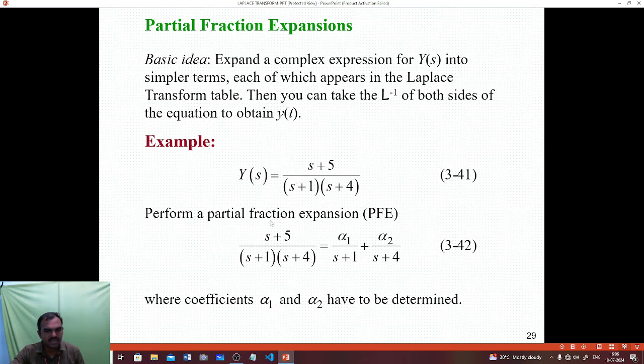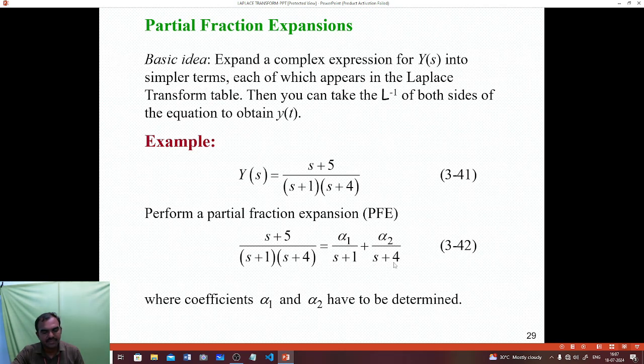Perform a partial fraction expansion: alpha 1 by s plus 1 plus alpha 2 by s plus 4, where the coefficients alpha 1 and alpha 2 have to be determined.